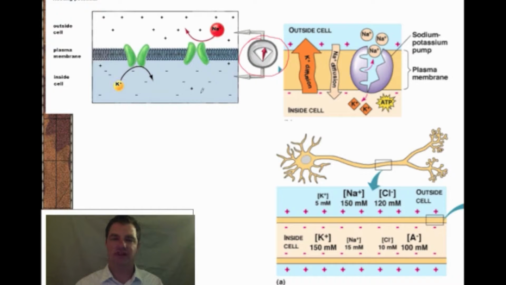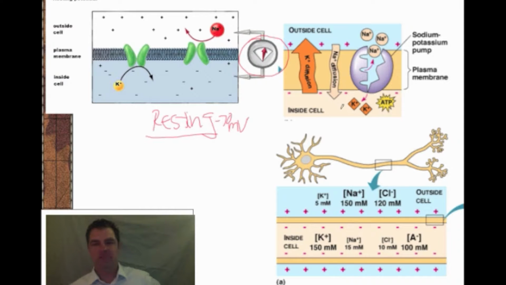And what you tend to find is that the inside of a neuron during the resting potential, which is when the neuron is essentially not doing anything, just sitting there, when it's not firing, is slightly negative. Different neurons vary, but usually we say it's about minus 70 millivolts.